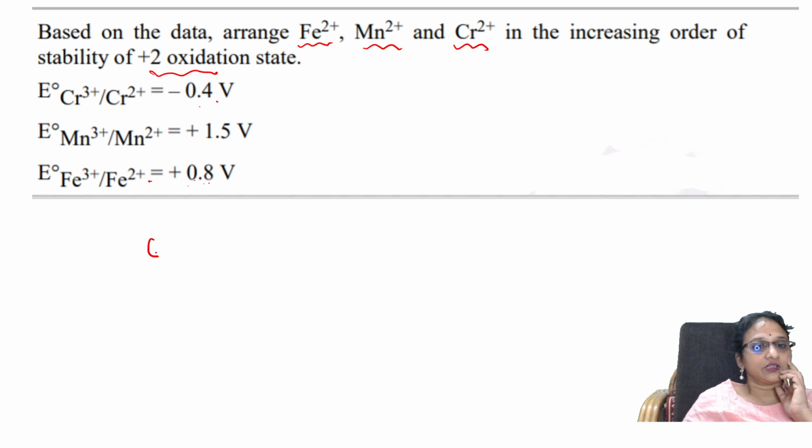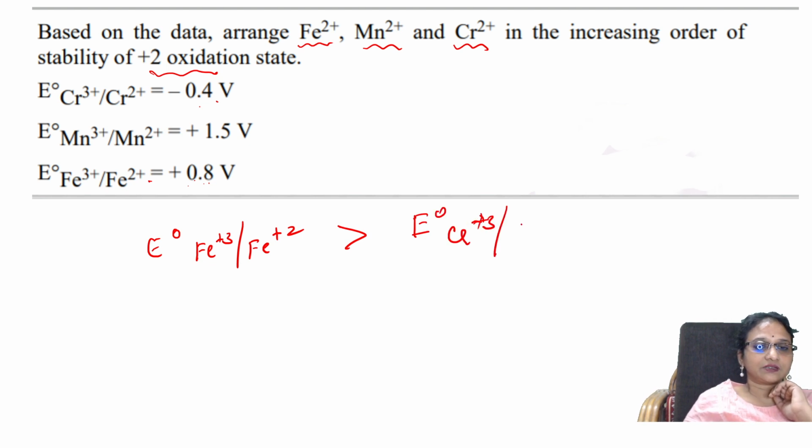So first of all, the electrode potential of Fe3+/Fe2+ is higher than that of Cr3+/Cr2+. Correct? This value is higher.